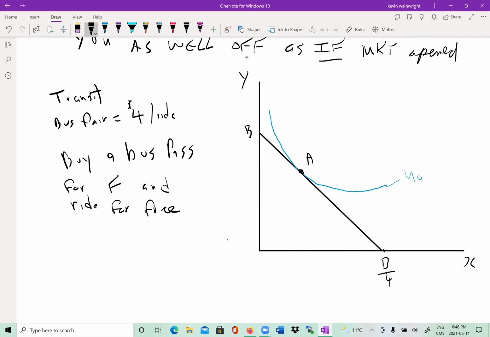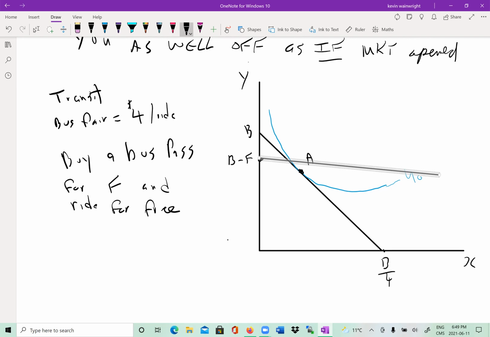Okay. So with a bus pass, you take the budget away, you have your budget minus your pass. That's how much money you have left. But once you have paid for the bus pass, then the budget line becomes completely horizontal.